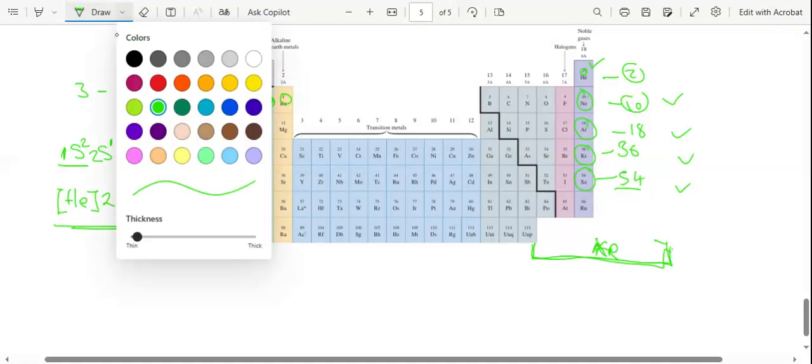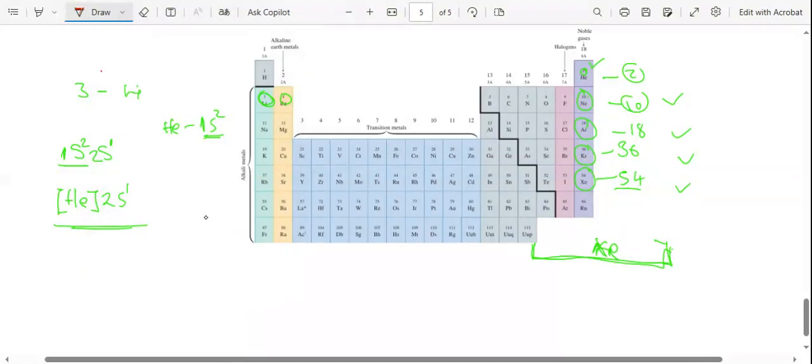Again, if I'm to write another configuration, let's say for carbon, it has 6. So I'll say 1s, 2s, 2p. I know 6 will be scattered. So I'll put 2 electrons at 1s, then 2 at 2s, making 4, then remaining with 2 at 2p. Have you seen?